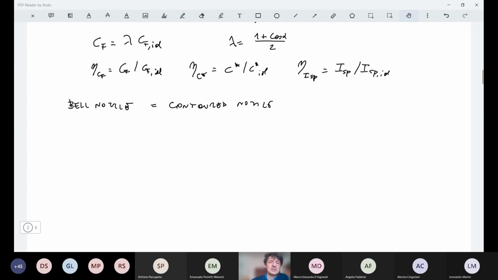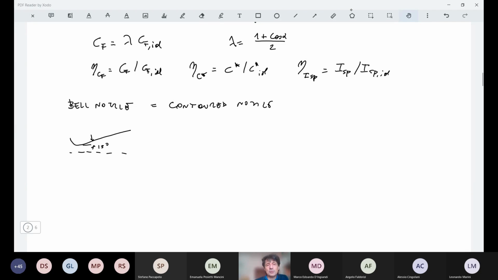So we can select as the reference, and this reference is often used, a cone with half angle of 15 degrees. This is our reference. That gives us some divergence loss.